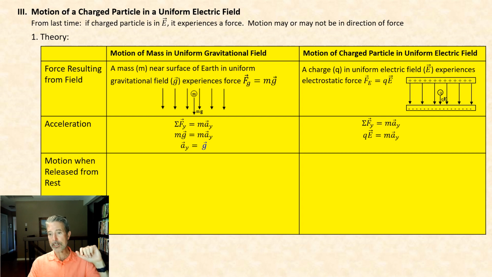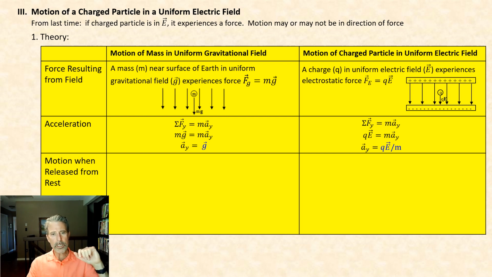Setting that equal to the mass times the acceleration, and solving for acceleration, we get this slightly more complicated expression: the acceleration of the charged particle in the uniform electric field is given by the charge, which also has a sign, don't forget, it could be plus or minus, times the electric field divided by the mass.